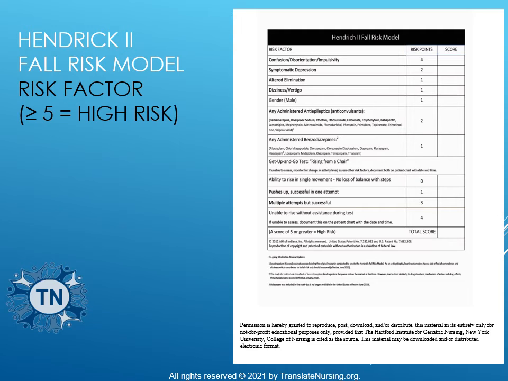A score of 5 or greater is already defined as high risk. So patients with a score of 5 or greater should have fall risk modifications implemented in their patient chart.